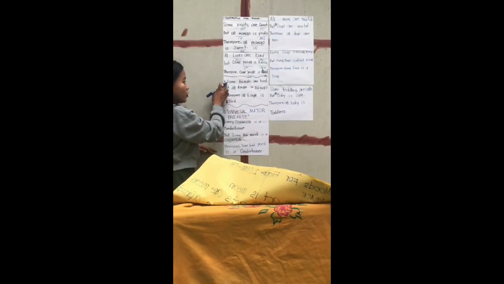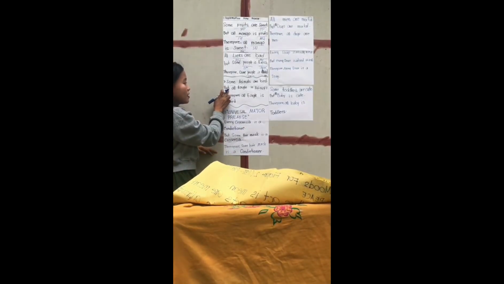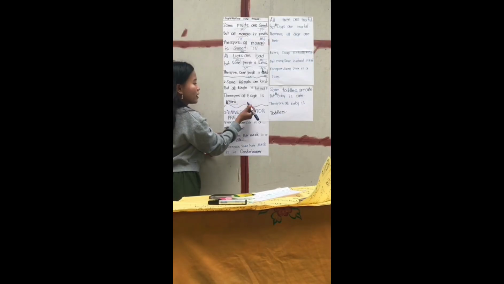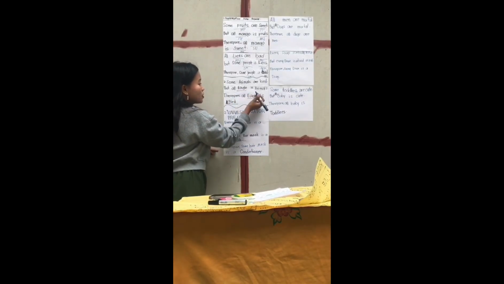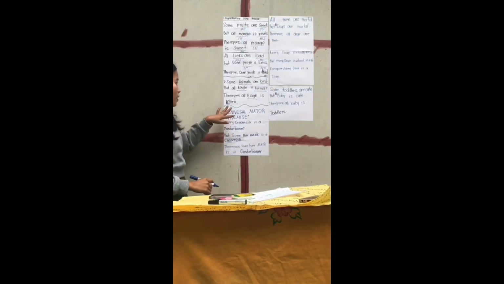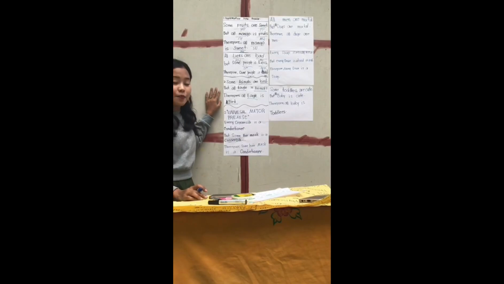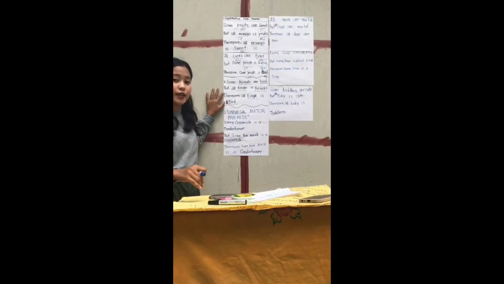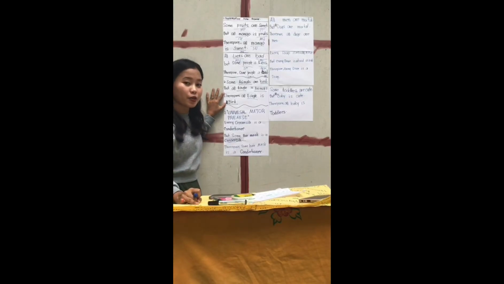Ito yung major premises, minor premises, and conclusion natin. Ito rin yung predicate natin. Ito din yung subject natin. Ito yung middle term natin, and predicate natin. Ang conclusion natin is predicate ng major premises natin and subject ng minor premises natin.